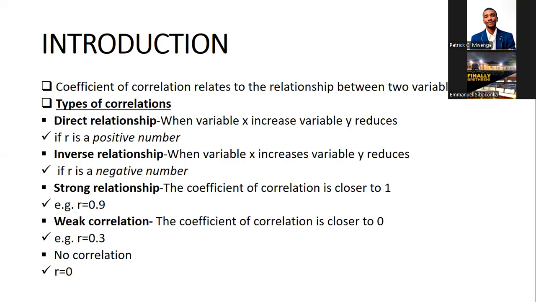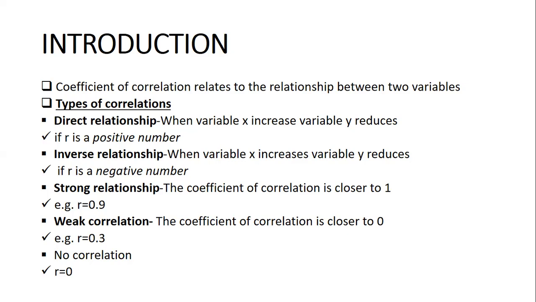So our introduction says, what is coefficient of correlation? Coefficient of correlation is just a relationship between two variables, right? If a woman and a man have a relationship, we can say they've got a correlation. If you, the accountant, and I have a professional relationship, we can say it's a correlation.